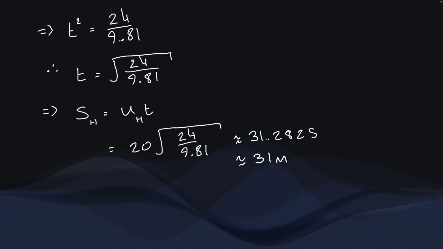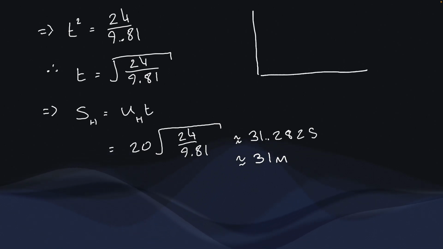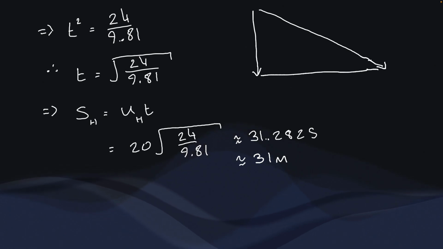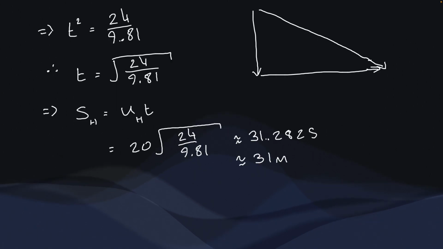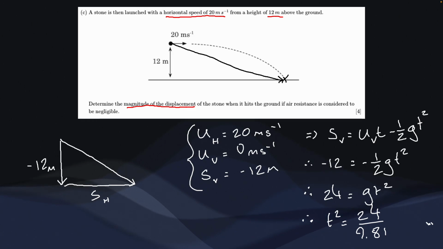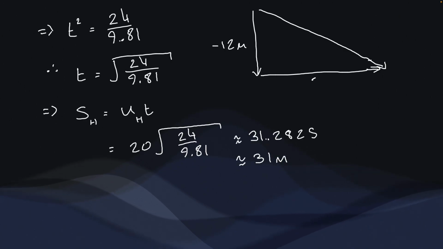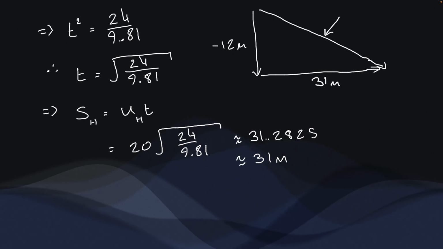So now we know the vertical component, which was negative 12 meters, and we know the horizontal component now, which is 31 meters. And we're trying to find this, which is, therefore, remember the magnitude of a vector formula?